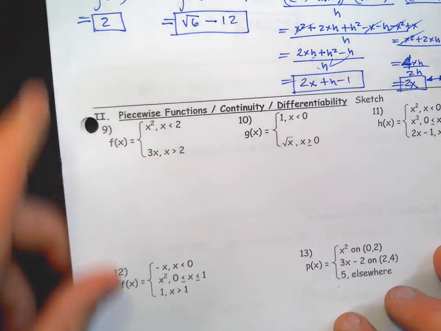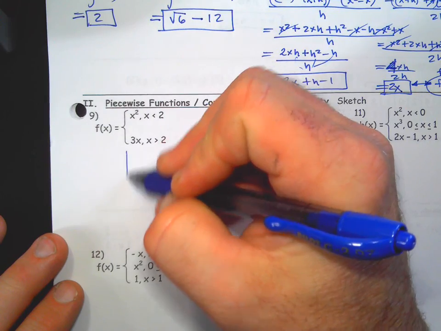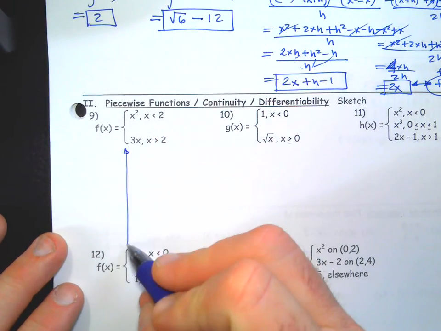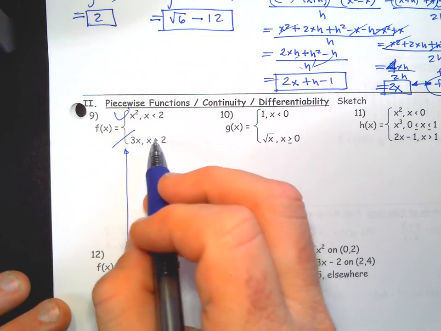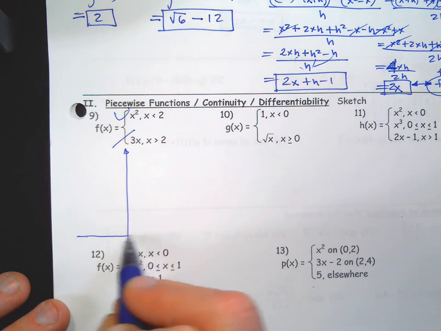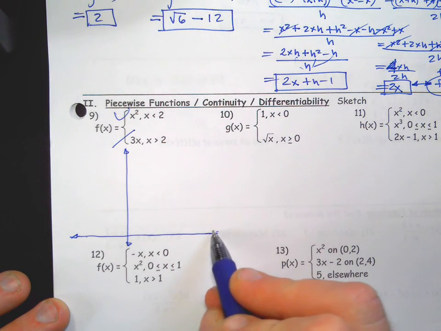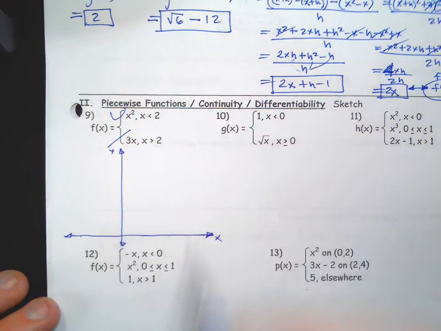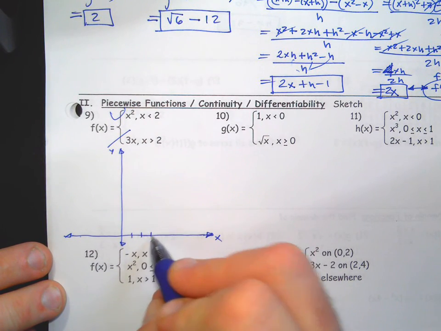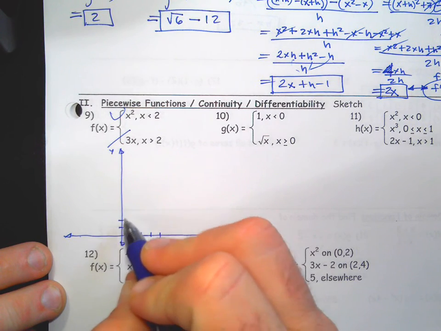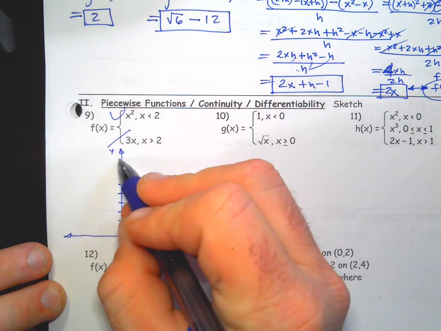Next ones are these graphs. So we'll try and graph these as nicely as we can. This is a parabola, this is a line, and greater than 2. So I think we're not going to really have much below the x-axis. So I'm going to try and set this up for something a little better. 1, 2, 3, 4. 1, 2, 3, 4, 5, 6, 7, 8, 9, 10.